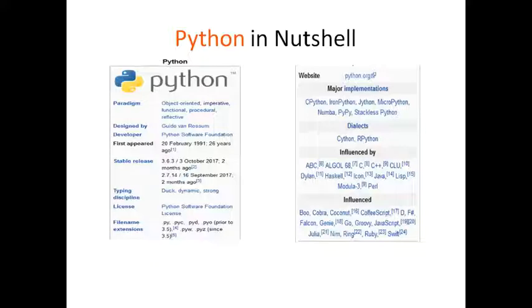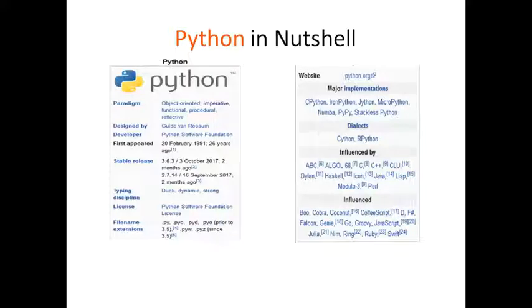Python was influenced by different earlier languages: ABC, Algol 68, C, C++, CLU, Dylan, Haskell, Icon, as well as Java, Lisp, Modula-3, and Perl.